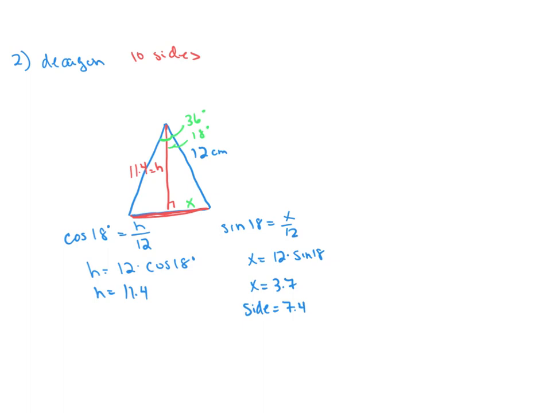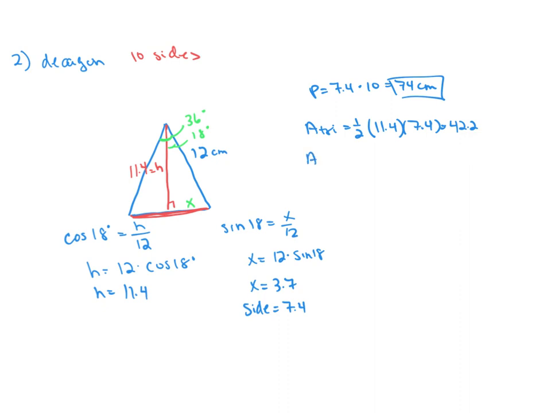Okay, so now we can find the perimeter. The perimeter is going to be the side of 7.4 times 10, or 74 centimeters. The area of the triangle is going to be 1/2 times the height of 11.4 times 7.4, which gives us 42.18, which rounds to 42.2.